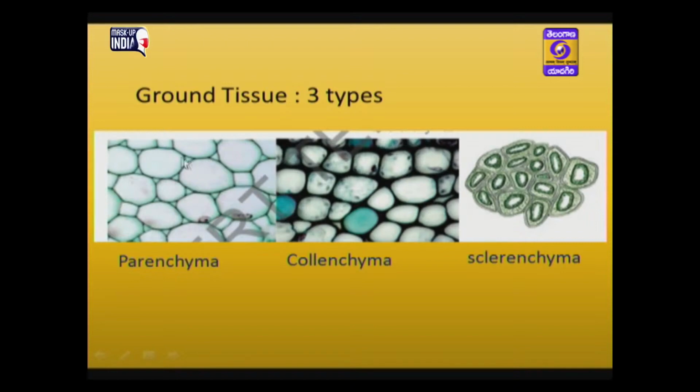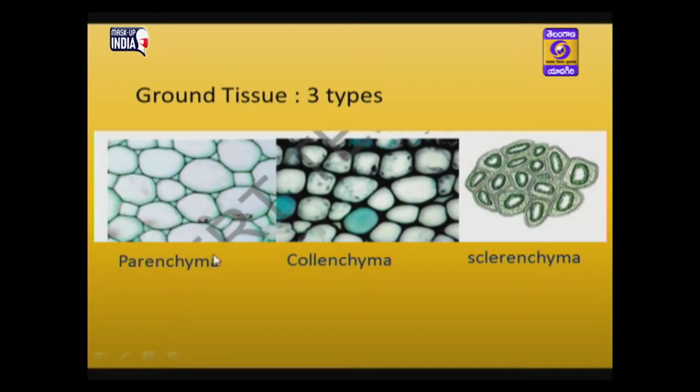We can see intercellular spaces in it. Collenchyma has thick walls, some intercellular spaces are seen, and the cells are somewhat longer than parenchyma cells. In sclerenchyma, the cells are thick walled and intercellular spaces are absent.